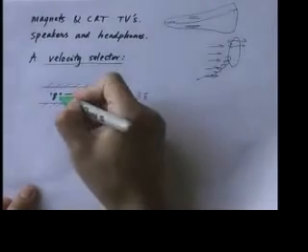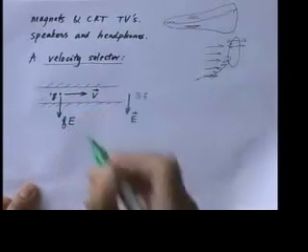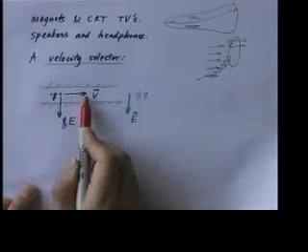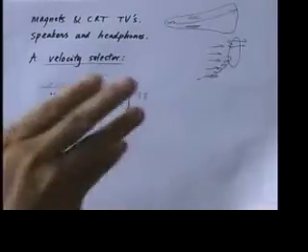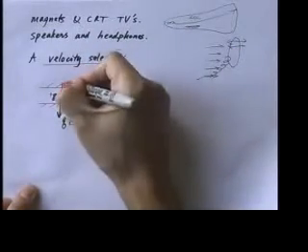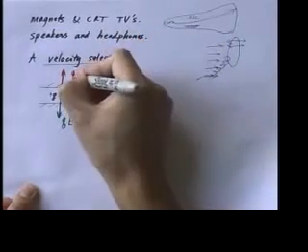The magnitude is QE. Meanwhile, it is also moving, so it is also exposed to a magnetic force, QV cross B. V is like that, B is inward, so V cross B is up.